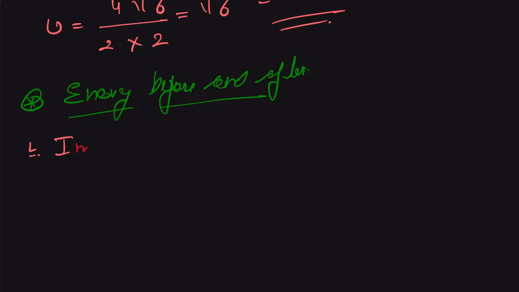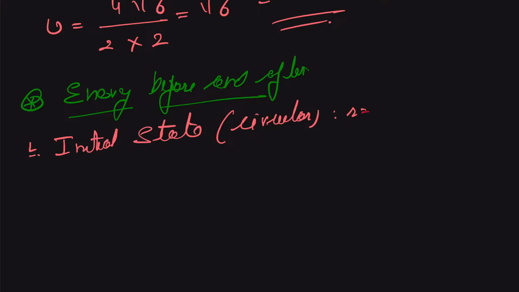So we can say our initial state, which is our circular orbit, and for that we know that our radius is already 2 meters, and we have this first derivative equal to 0, and this energy is also given as 12 joules.